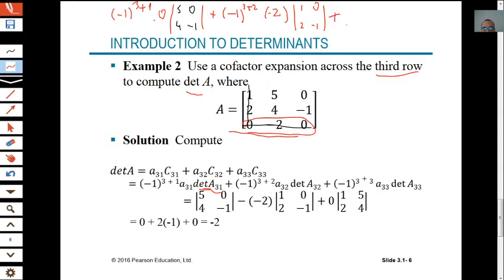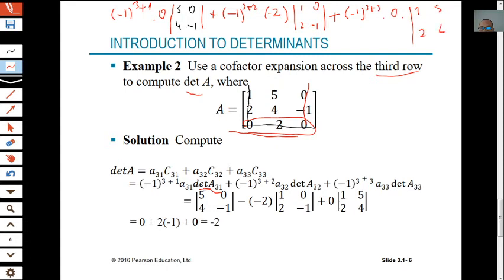Plus, for the last one we have -1 to the power 3 plus 3, since it is in the third row and in the third column, times the entry times the determinant of the matrix A33. We cancel the third row and the third column, so the remaining numbers are 1, 5, 4, 2, 4.